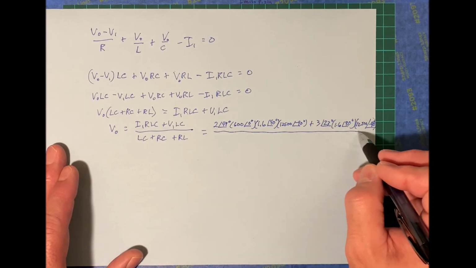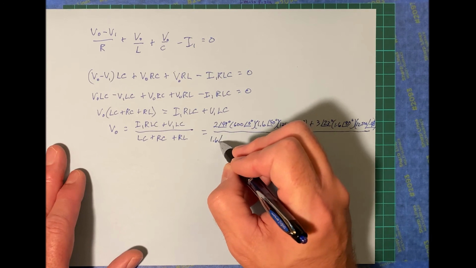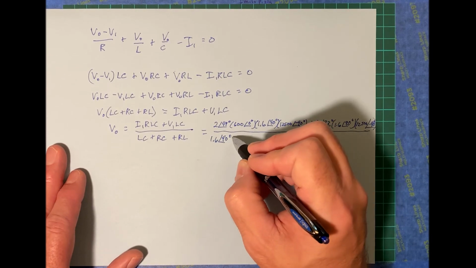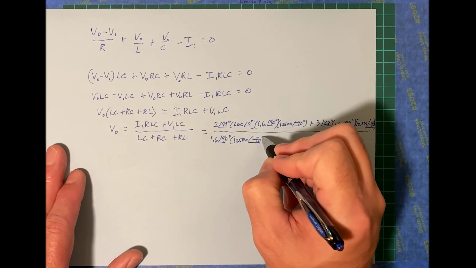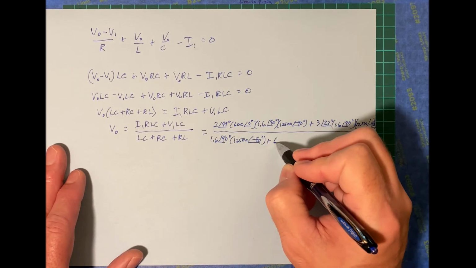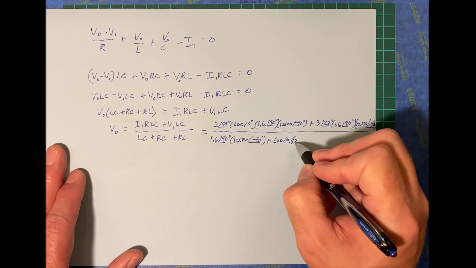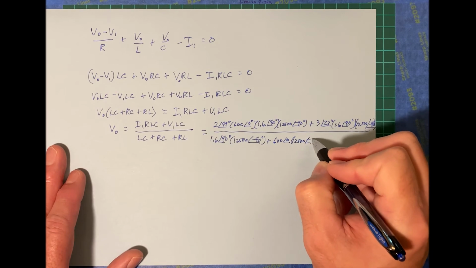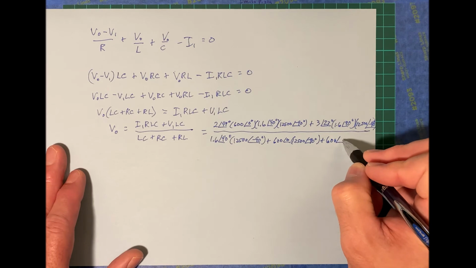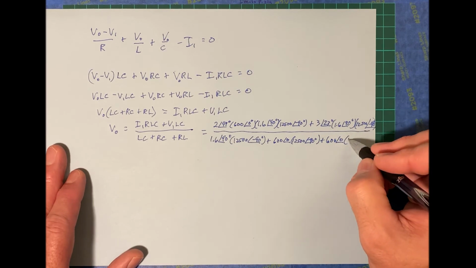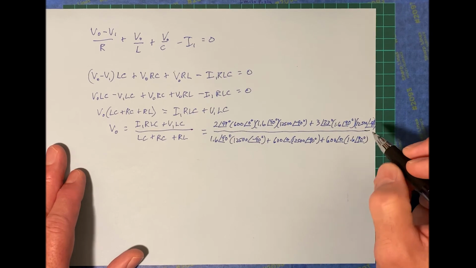Divide that by all this stuff, which is 1.6 angle 90 degrees times 12,500 angle negative 90 degrees, plus 600 angle 0 times 12,500 angle negative 90 degrees, plus 600 angle 0 times 1.6 angle 90 degrees. Okay.